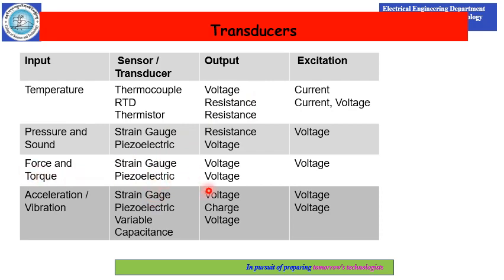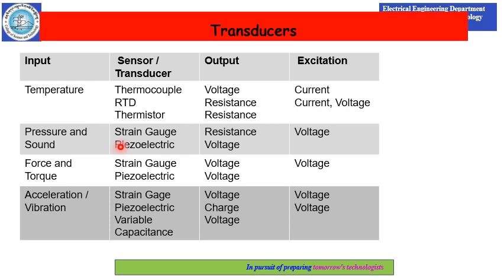Like the previous transducers, they will take force and torque as an input, and that force and torque will generate some sort of voltage. That voltage will then be converted and output in the form of voltage as well. So we're going to measure this voltage to determine the change in force and torque.